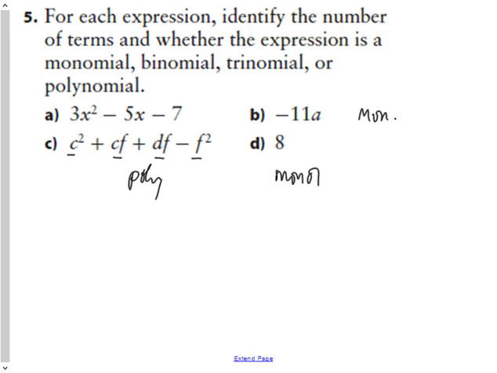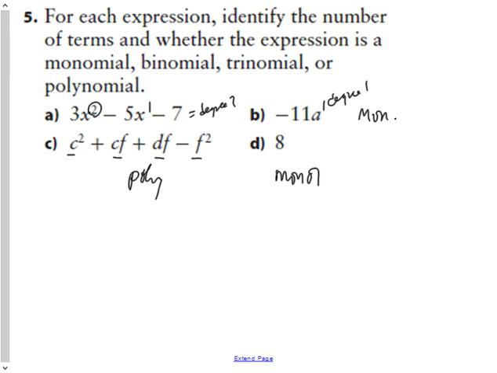Now, it doesn't say to describe the degree, but let's just do it real quick anyway. This one, because this term has a degree of 2, and this term has a degree of 1, the entire polynomial here has a degree of 2. This one would have a degree of 1 because the exponent on the a is a 1, even though it's not written.